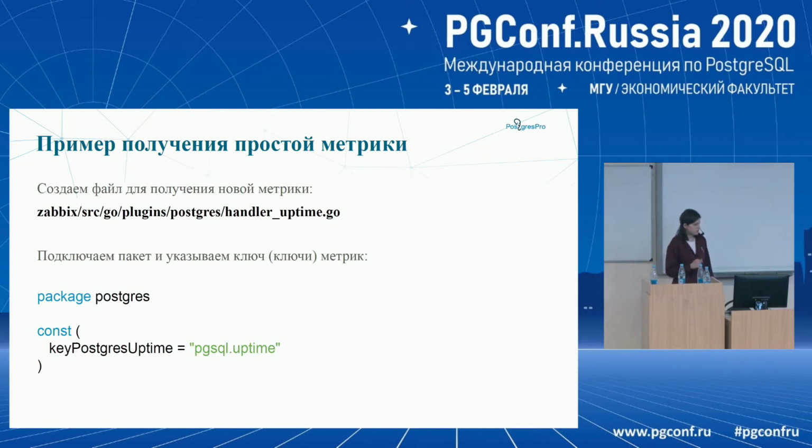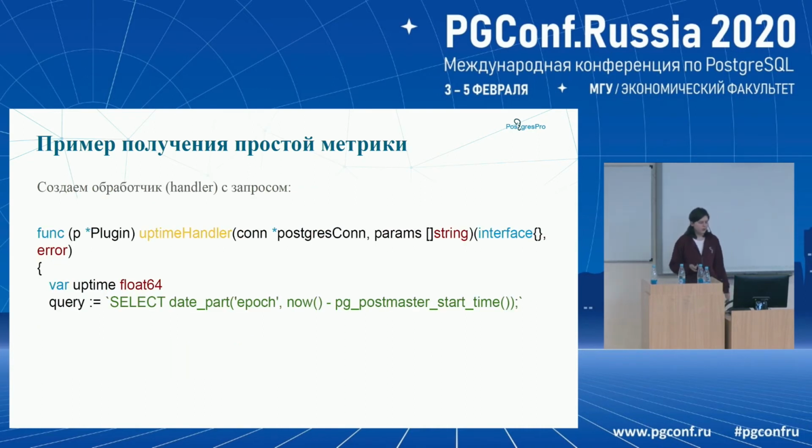And just as an example of how to add new metrics, I will show you how the module works. For example, we want to get new values of uptime. We create a corresponding file, then we connect the library for working with Postgres, and then we specify the key. After that, we define a handler.